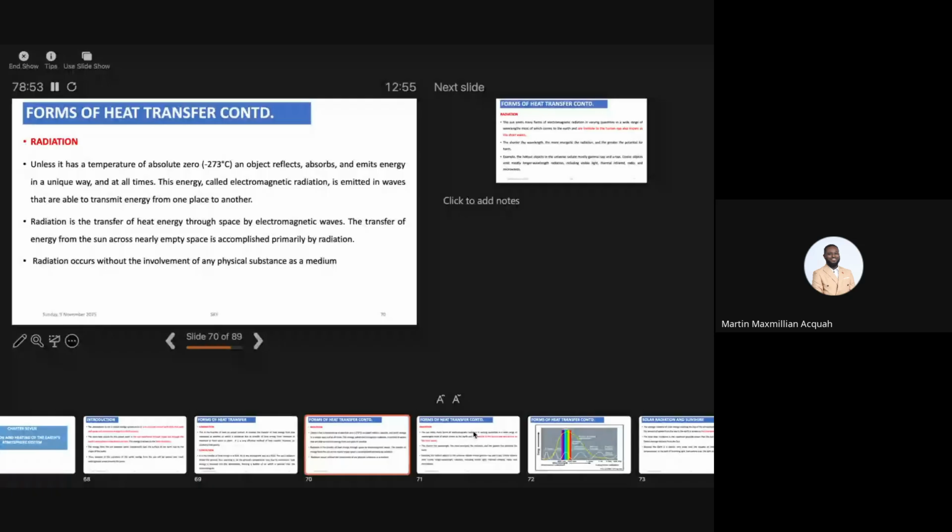So when the sun is shining, the rays from the sun travel through space in a vacuum before they get to the Earth's surface, for the heat to be transferred from the sun to the body it is coming into contact with.